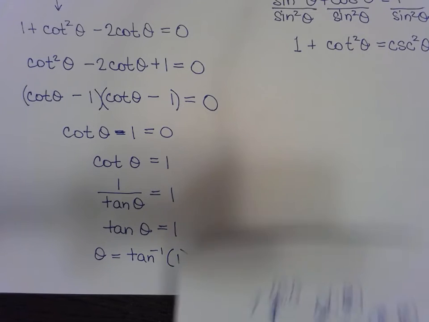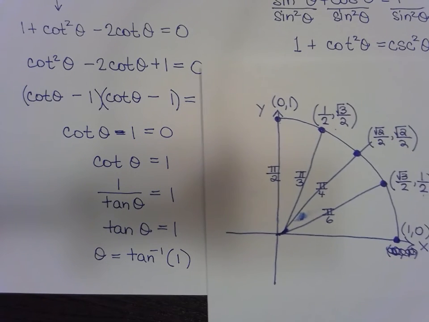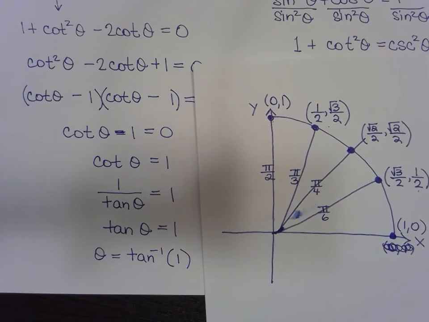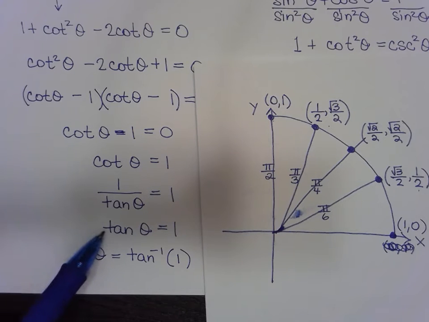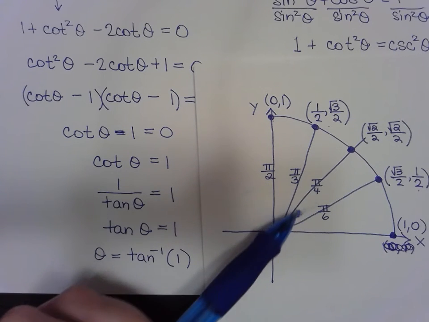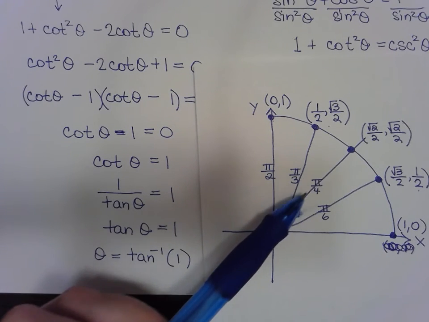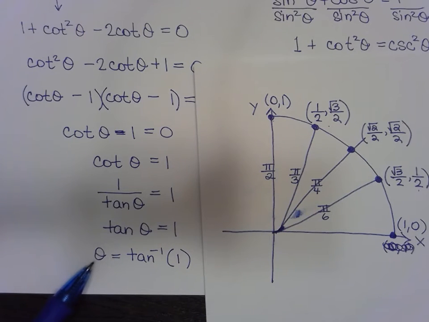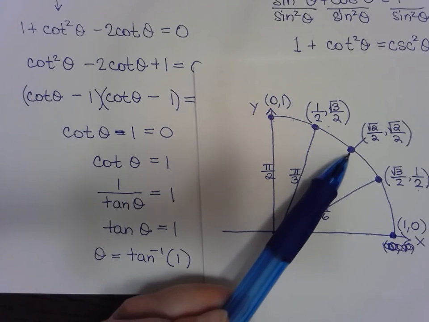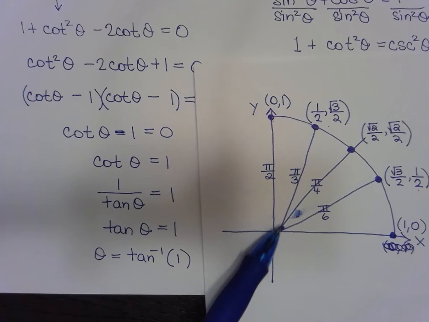Again, this is where it would be good to pull out our unit circle. So the tangent, again, is the sine over the cosine. So it's going to be 1 when they're the same, which is 45 or pi over 4. This problem is done with theta, so we're going to use degrees. So 45 degrees would be one place where it's positive 1.